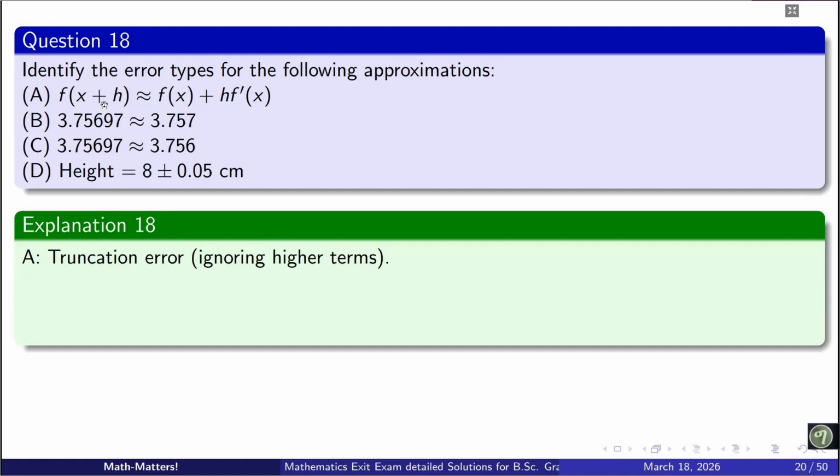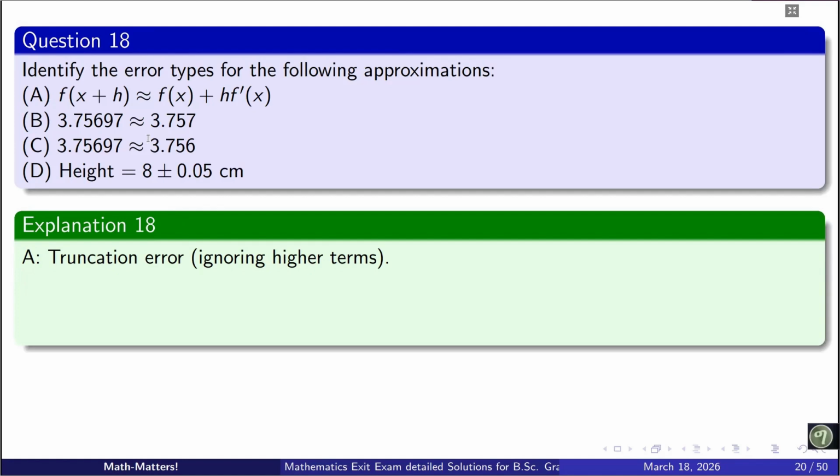That means f of x plus h could be approximated as f of x plus h times the derivative of f at x, plus terms such as h squared times the second derivative of f at x, plus h cubed times the third derivative of f, like this. Therefore, the terms from h squared times the second derivative of f of x onward are ignored here, and the error obtained by ignoring some higher order terms is said to be truncation error.